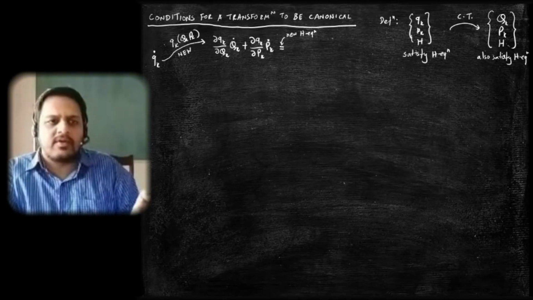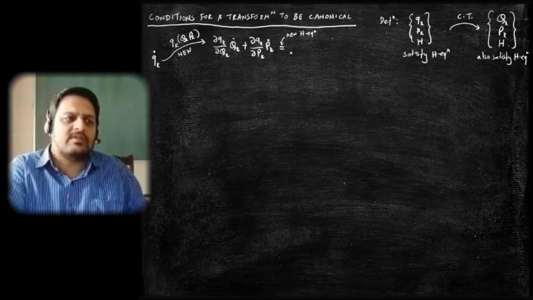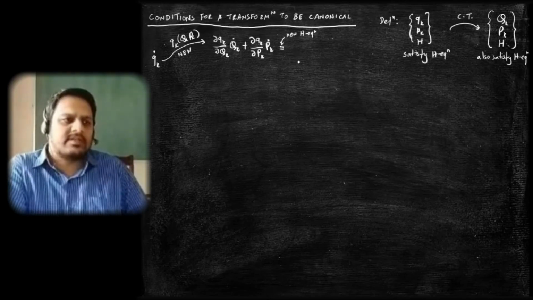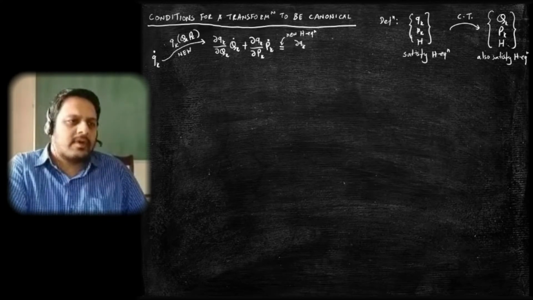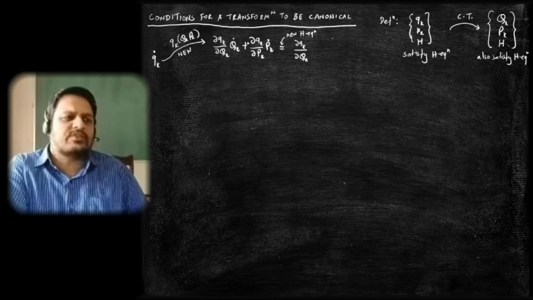So we are going to call K as H only, a non-time dependent Hamiltonian we are considering, and a non-time dependent transformation as well. Then basically what will happen to this? This will become the partial of qk with respect to capital Qk. What is Qk dot?